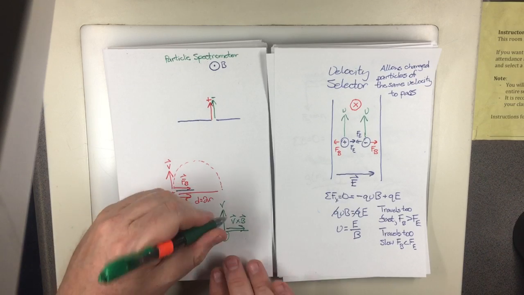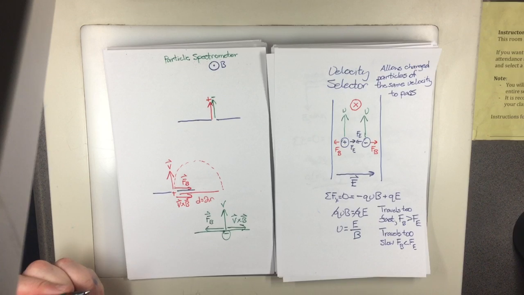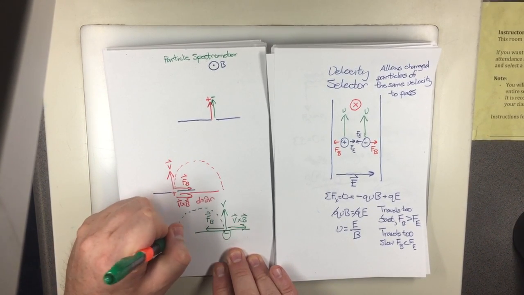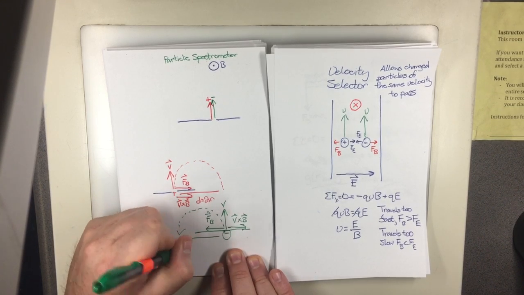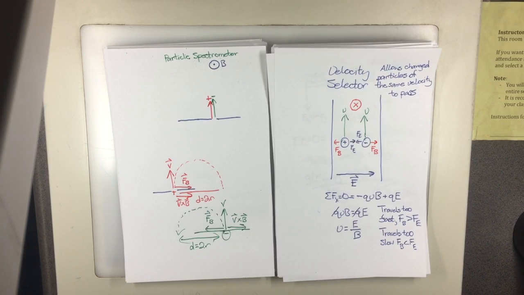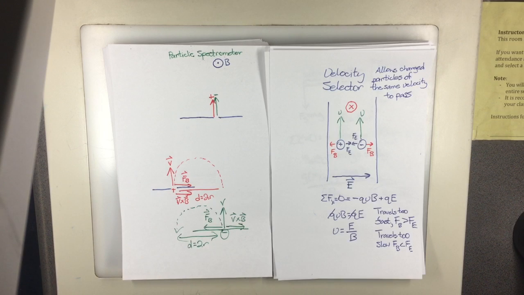So its force is to the left, and what happens is that it goes to the left. You get a D, which is equal to 2R. So a velocity selector sifts out particles to only a specific velocity. If it's too slow or too fast, it doesn't want it, and they just go splotching up against the side.